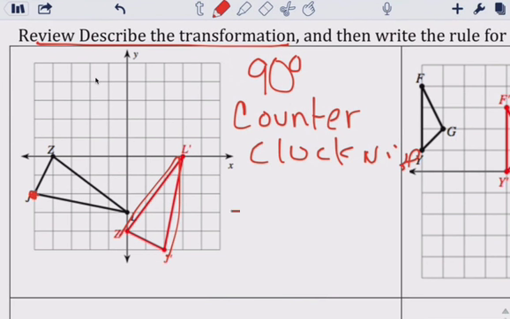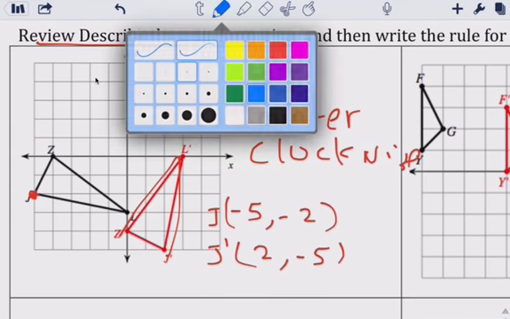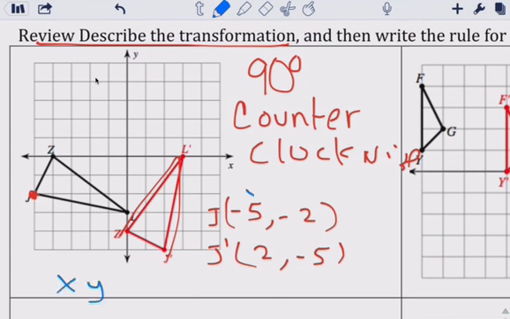J is -5 and -2. And J prime is 2, -5. Okay, so from its original, which is XY, what changes?